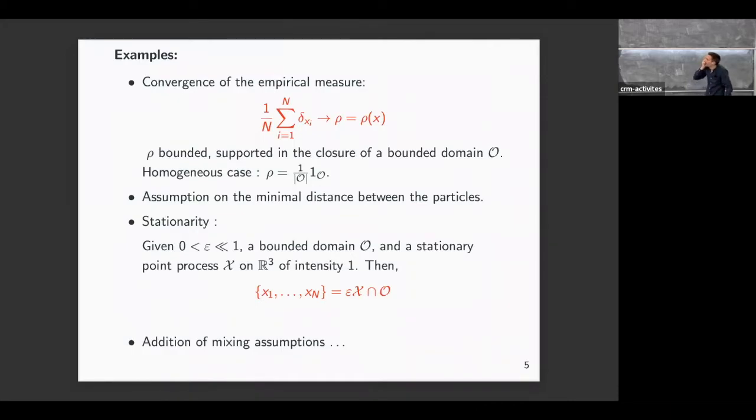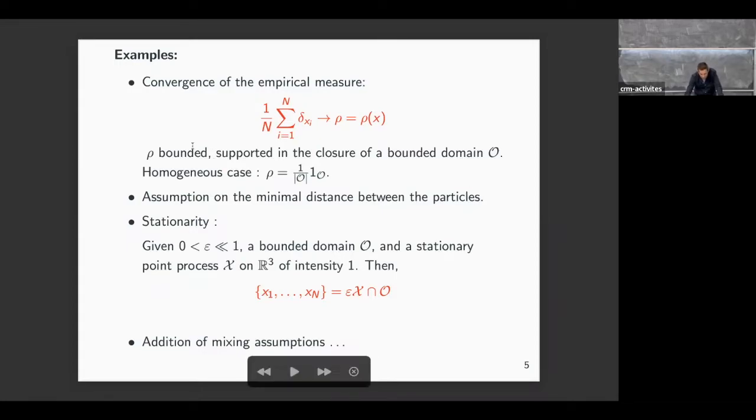So typically, what is assumed in math papers is that the empirical measure converges to some limit density rho, which will be nice enough, let's say bounded, and which will be supported in some bounded domain that I call capital O, just to fix notation.